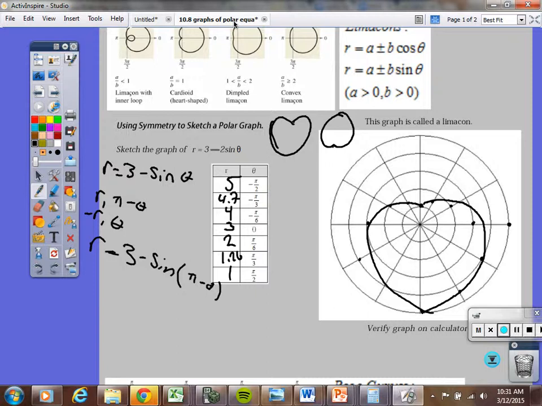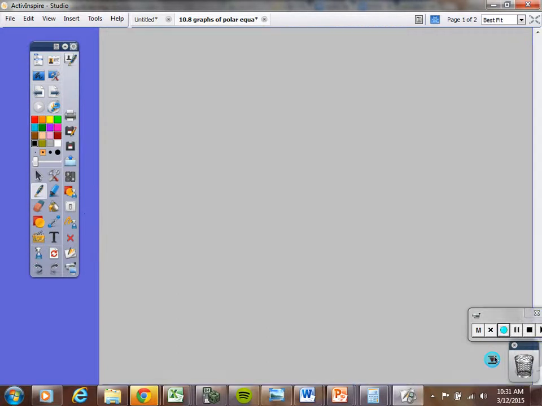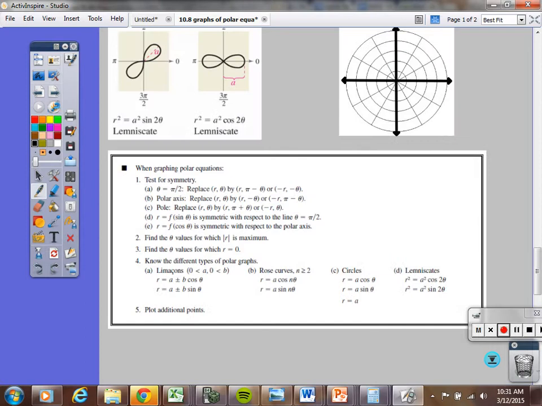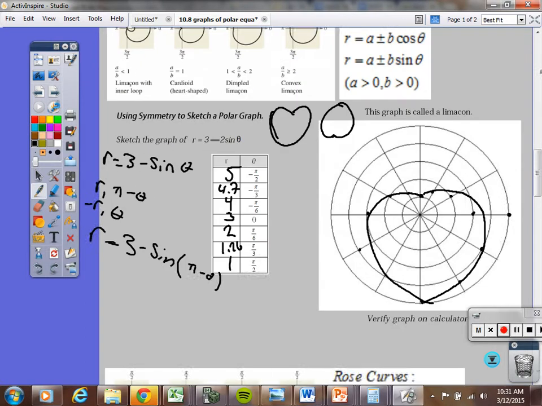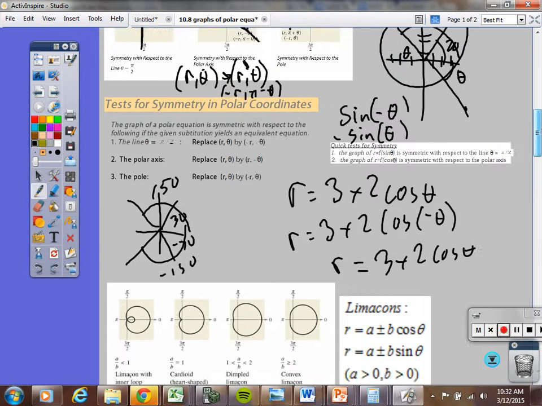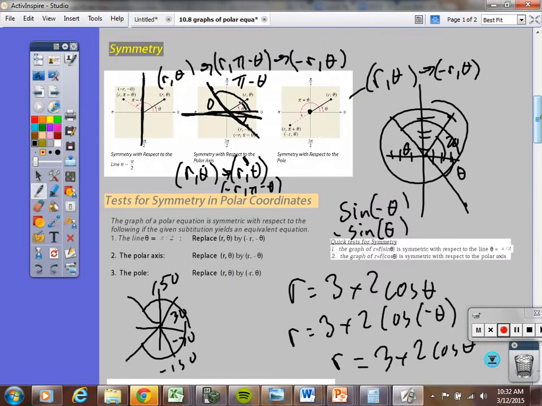Coming back up here, we believe he's symmetrical about this axis right here. So notice we have r comma pi minus theta or negative r comma negative theta. I'll show you both, because that's what we have symmetry about, right?